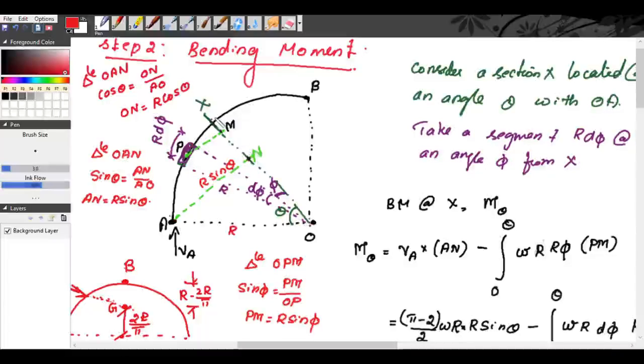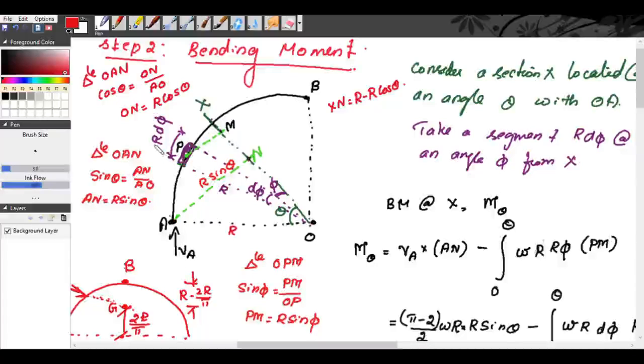So what is XN? R minus R cos theta, right? So XN is equal to R minus R cos theta.